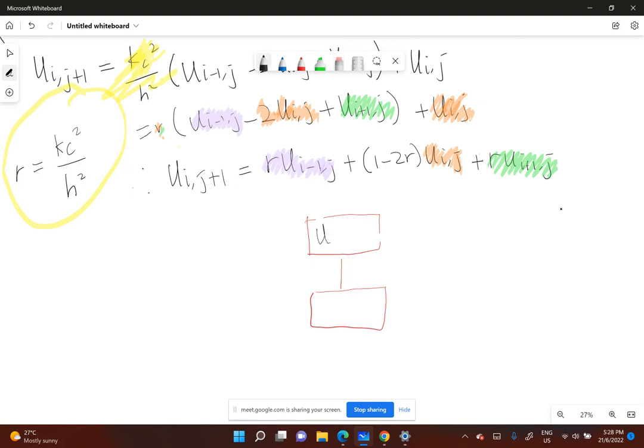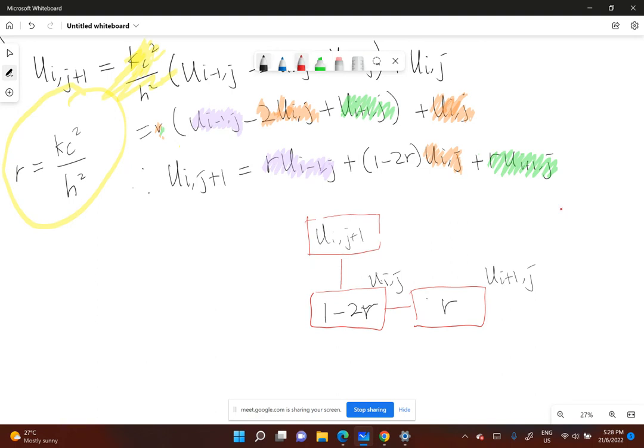Saya ini adalah target cell saya, UIJ plus 1. Kalau tengok sini UI, sini adalah 1 tolak 2R. This is UIJ kan. Yang ni apa? Bukan. R. Saya akan masukkan nilai R kat sini. Yang ni adalah maksudnya UI plus 1J ini.